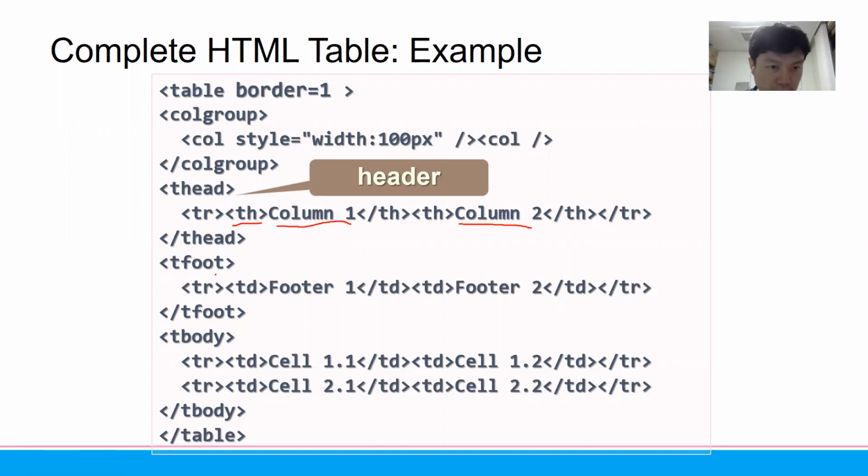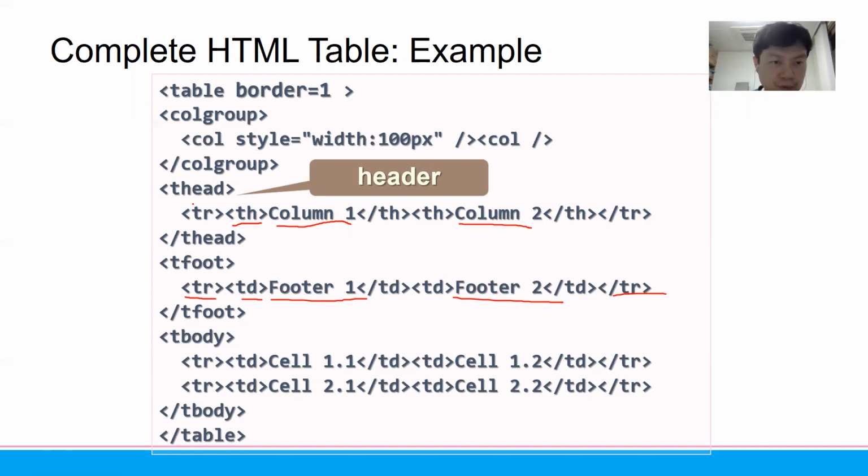And footer. Okay, after you define the header, you need to define the footer. The footer is not using the th, but it returns back to the td. So we have footer one and we have footer two. Okay. So please remember that every row, yeah, you need to define with the tr. So in one row, there will be two columns, footer one and footer two.